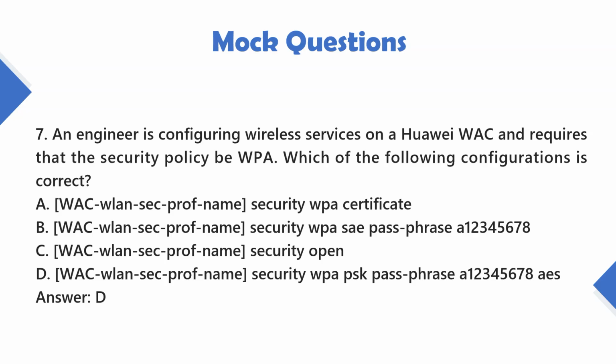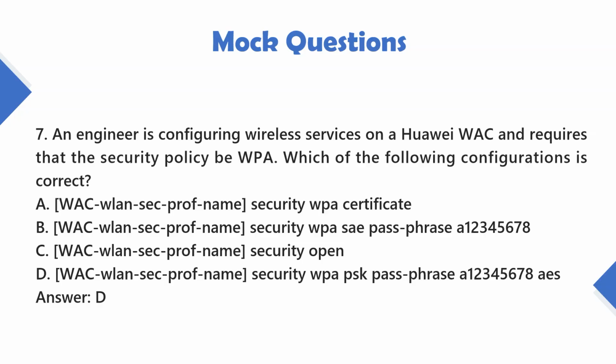7. An engineer is configuring wireless services on a Huawei WAC and requires that the security policy be WPA. Which of the following configurations is correct? A. WAC WLAN SEC profile name, security WPA certificate.